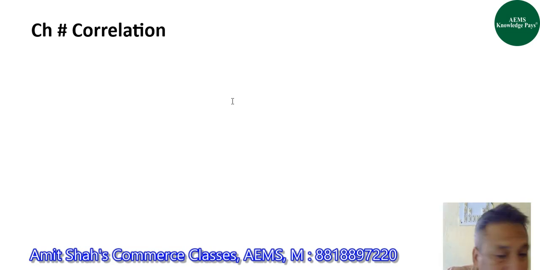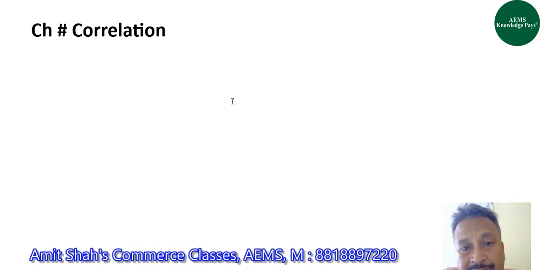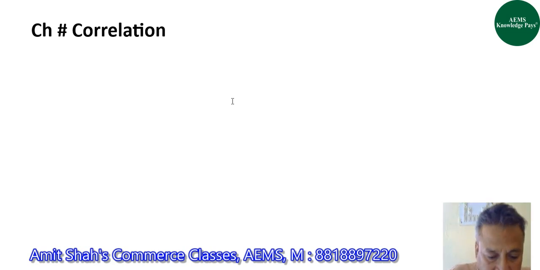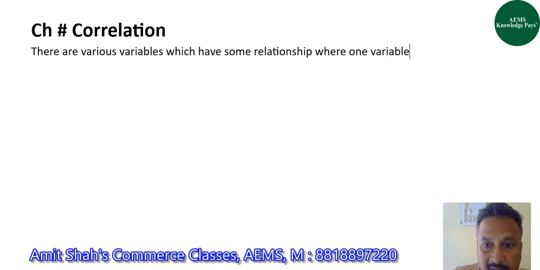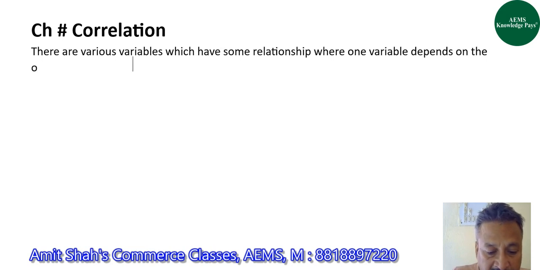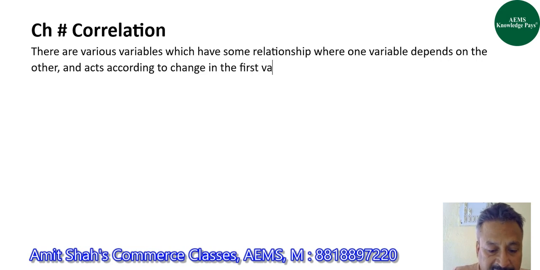Have you understood what I said, all? And there we use correlation. There are various variables which have some relationship, where one variable depends on the other and acts according to change in the first variable.